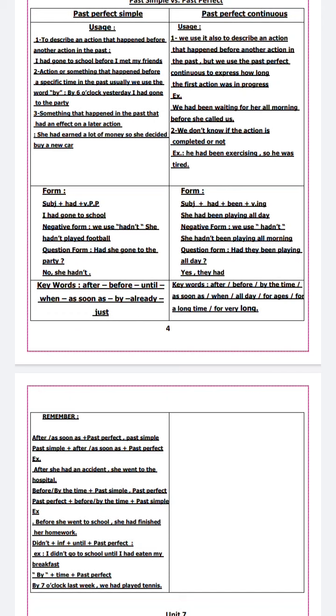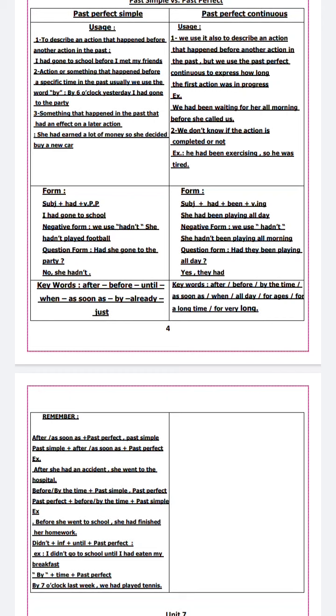One more important note we must remember: after or as soon as at the start of the sentence must be followed by past perfect and then past simple. But what if it is not at the start of the sentence?